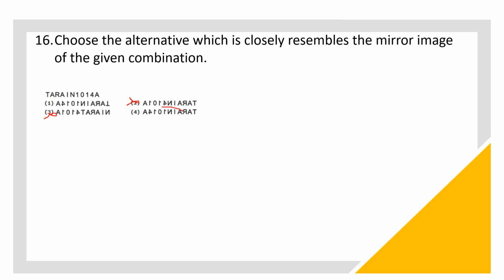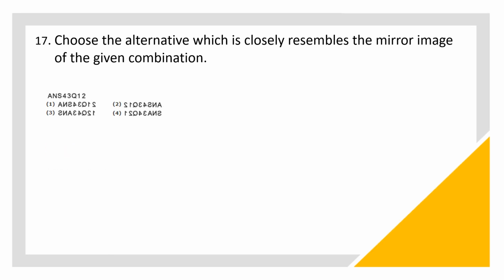Up to this, the two options are the same, up to A. Now just check the letter T. For option 4, T is identical. So option 4 is the correct answer. Option 1 is also wrong, in T you will get the water image. So the correct answer is 4.